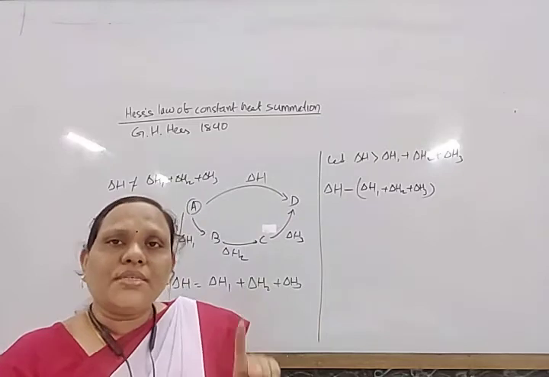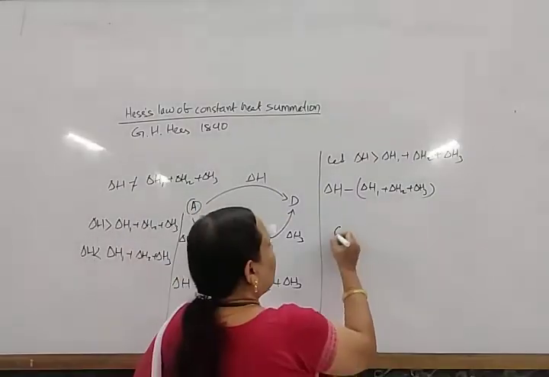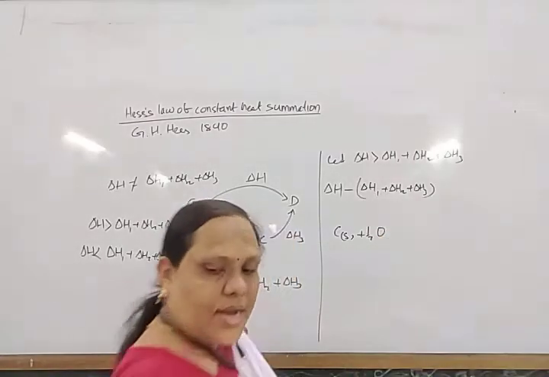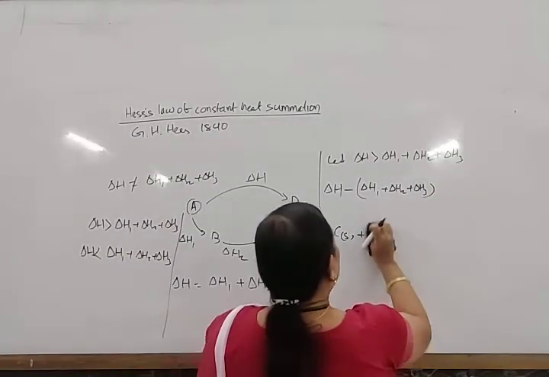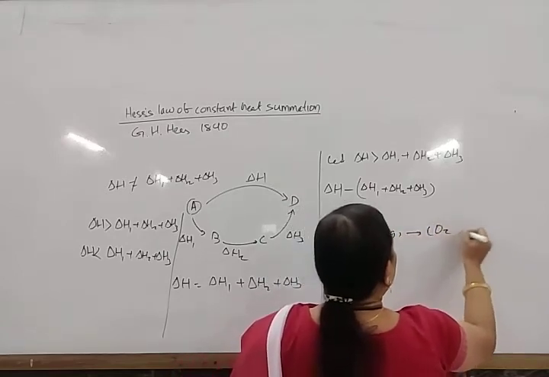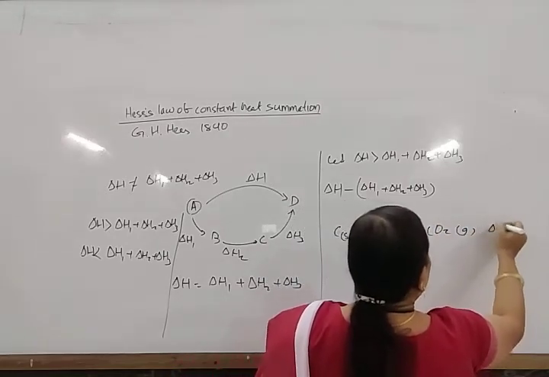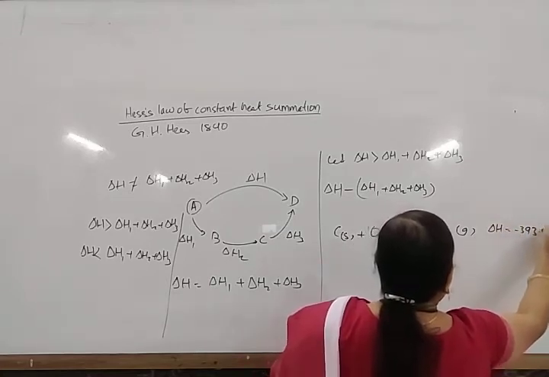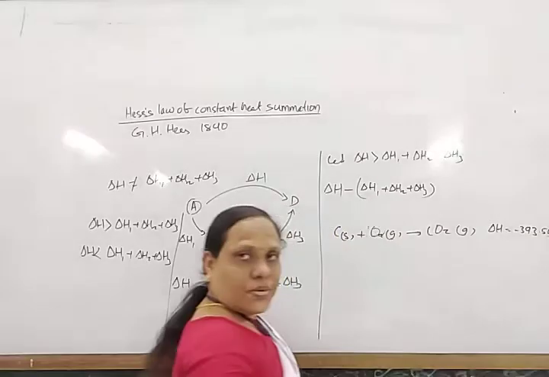Then one simple example. Look here: carbon solid plus O2 gas gives CO2 gas, and here the del H change is minus 393.5 kilojoule.